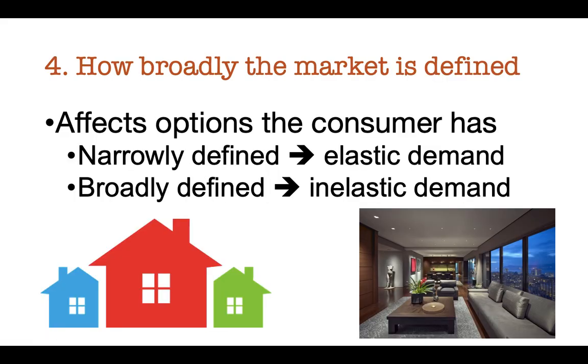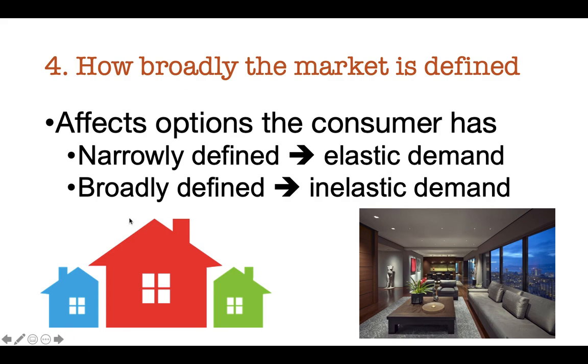The fourth characteristic is how broadly the market is defined. So if we pick something narrowly defined, we say demand is elastic. But if it's broadly defined, it's inelastic. And so the best way to explain this is with an example. So if we talk about the market for housing in Orlando, so all different types of housing, so apartment rentals of many sizes, condo rentals, home rentals, home purchases and mortgages.